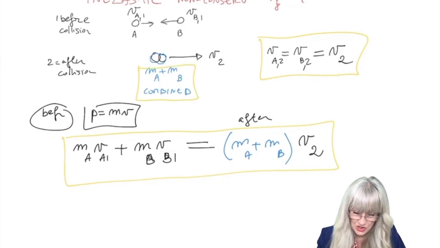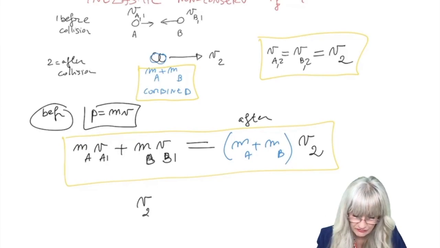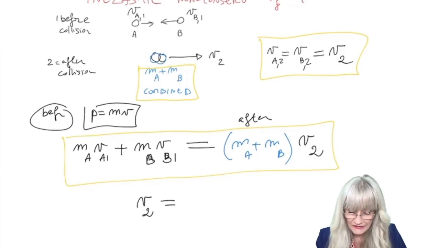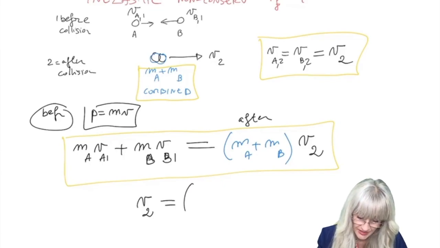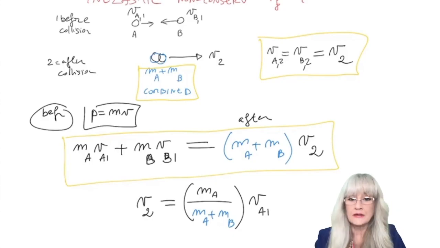Now we can solve this equation to compute the final velocity V2 after the collision as dependent on mass A, the combined mass, multiplied by VA1.